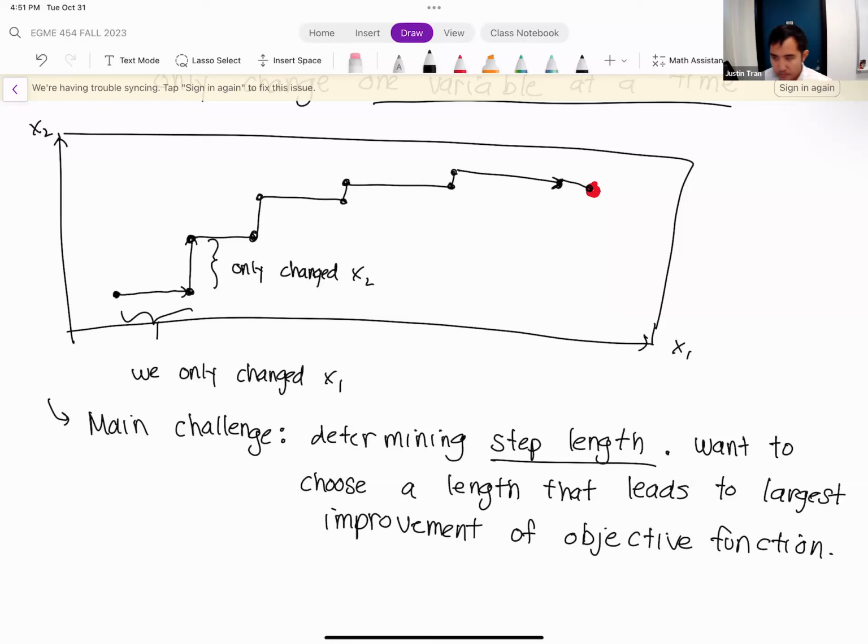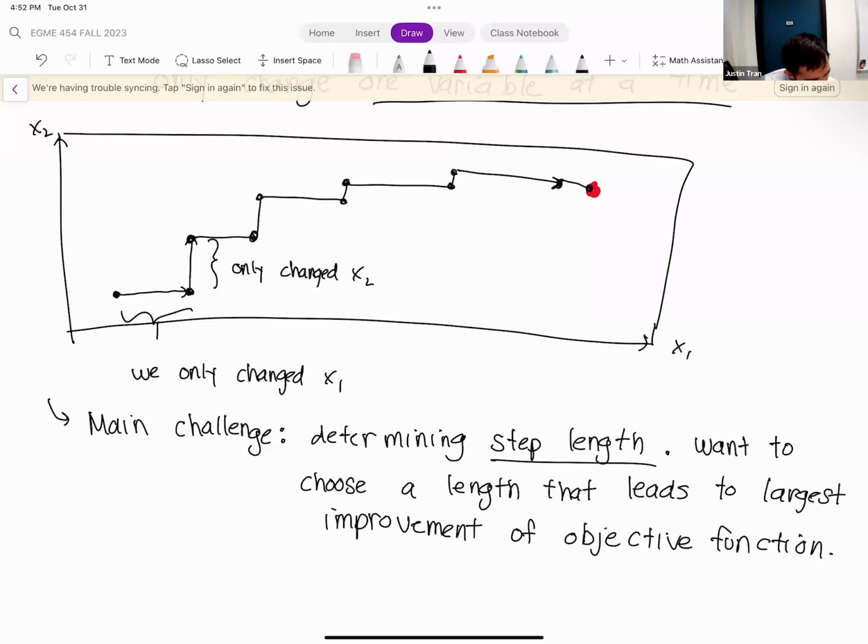There are multiple different ways to choose the step length. Initially, we're going to use almost a cheating method to choose the step length. But in the second example that we'll do probably on Thursday, I'll show you a more practical method for choosing that step length.